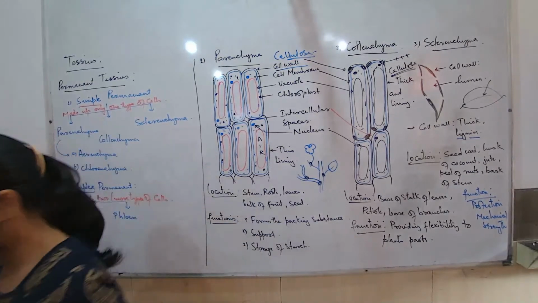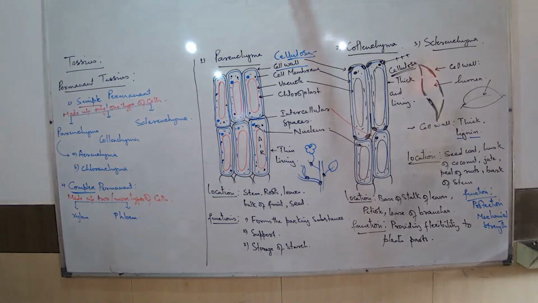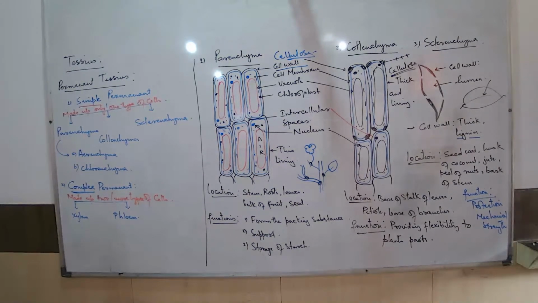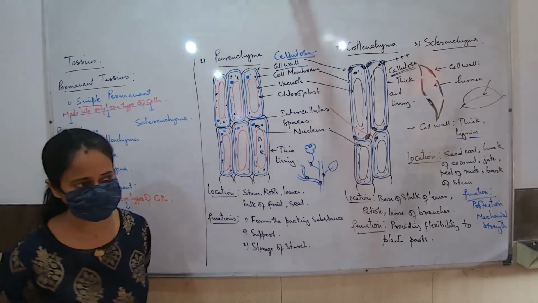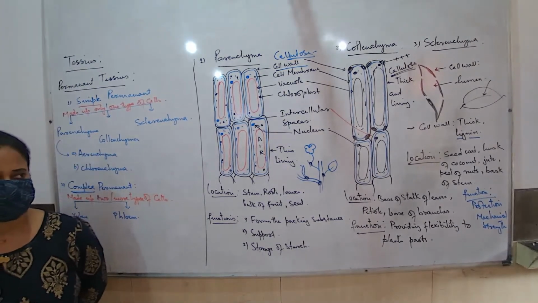Homework questions. Number 1: name the cell wall substance of sclerenchyma.